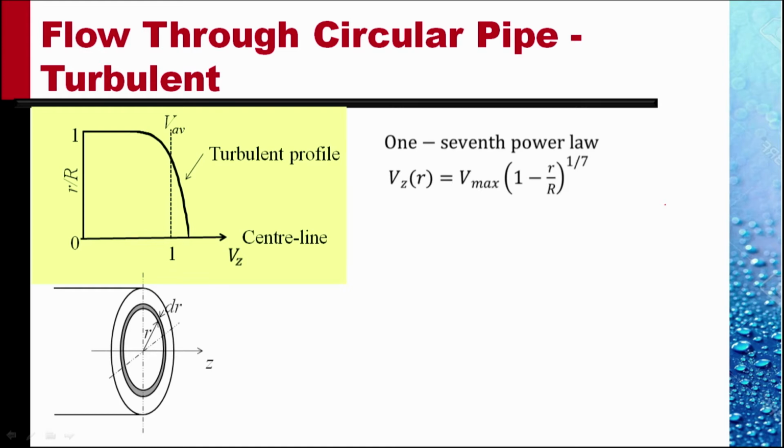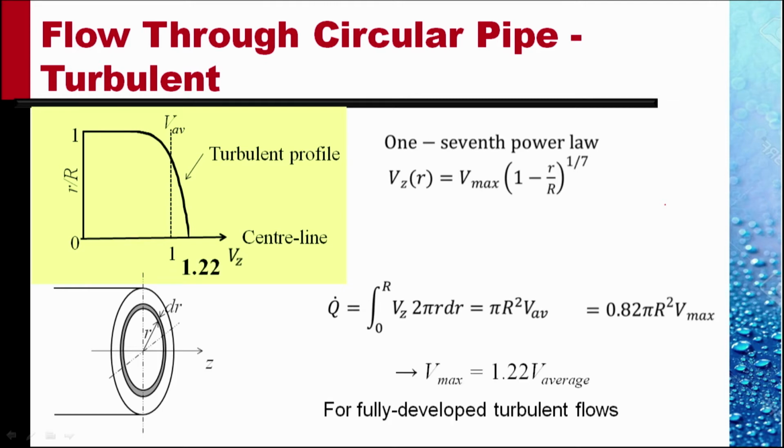We take a ring of thickness dr at a radius r. We write the volume flow rate q dot as the integral from 0 to R of Vz times the area of the ring, which is 2 pi r dr. And this is equated to V average times pi R squared. And from this we get q dot as 0.82 pi R squared V max, and then we get V max is equal to 1.22 V average.